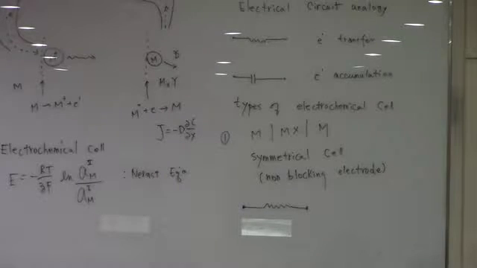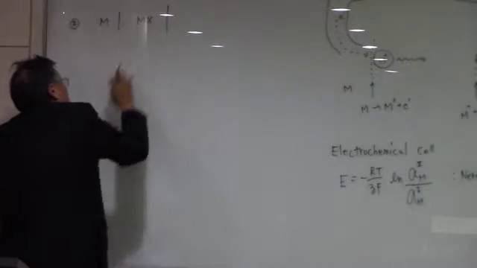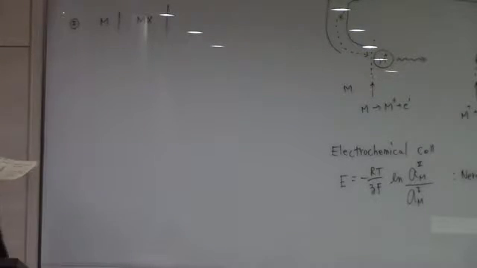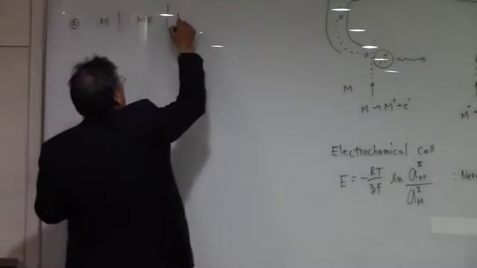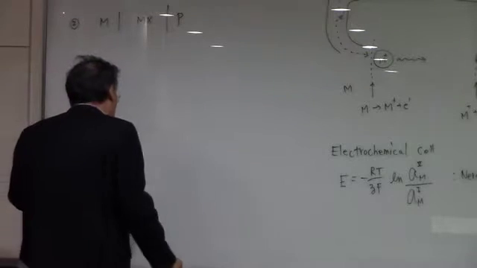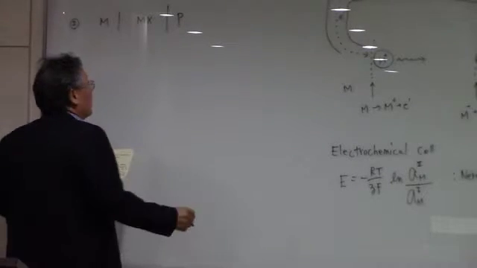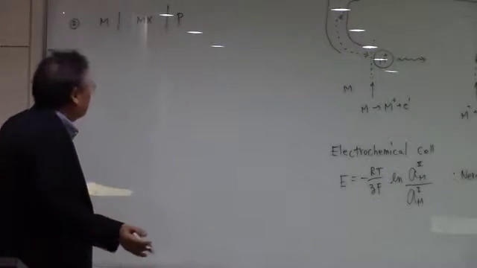And the second type, maybe one side is metal and the other side is MX, electrolyte, and then an ionically blocking electrode, like graphite.